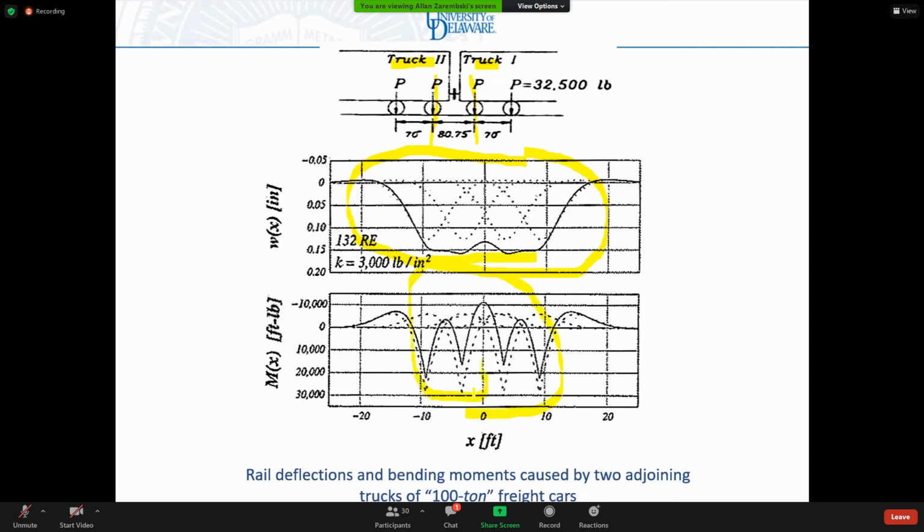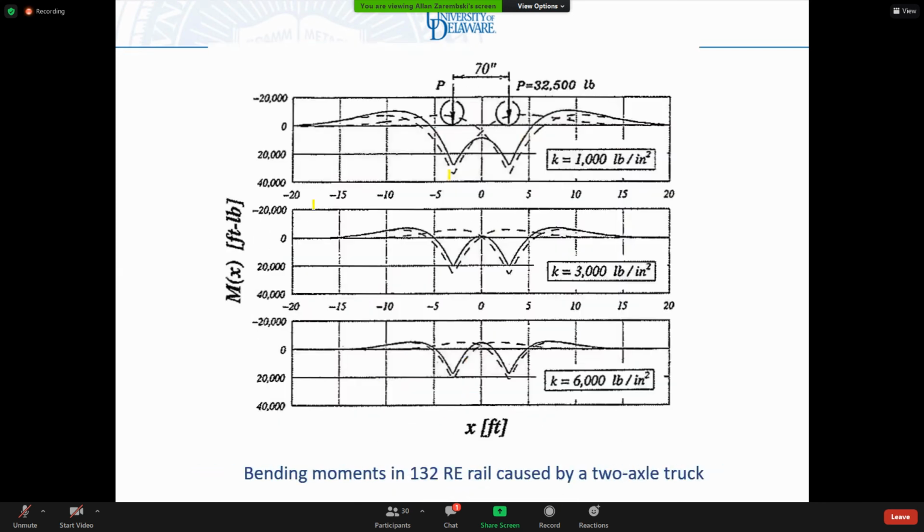I don't have it here, but let's come back. What happens if I had a three-axle locomotive? So I had another axle over here. This would also have an effect, and I would have to do 3. So I would have to do, in this particular case, 2, 3, 4.